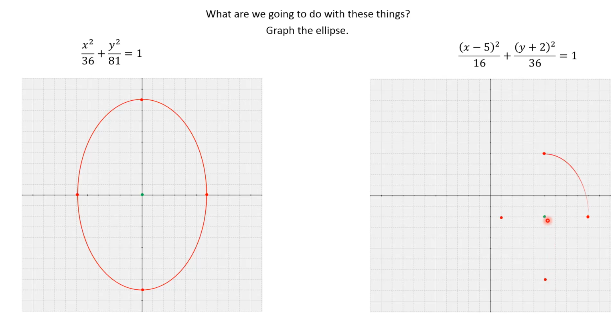Then graph it in an elliptical fashion, and you're done. It's the same way I'd graph a circle, except that we don't go over and up and down the same amount. We go different amounts. Anyway, that's ellipses. Lots of stuff we're working on, but most of what we're actually doing with them isn't hard.